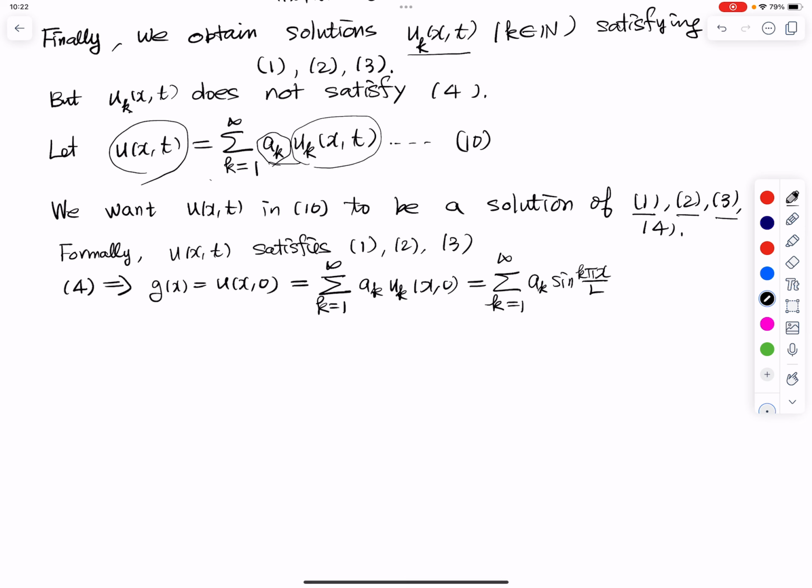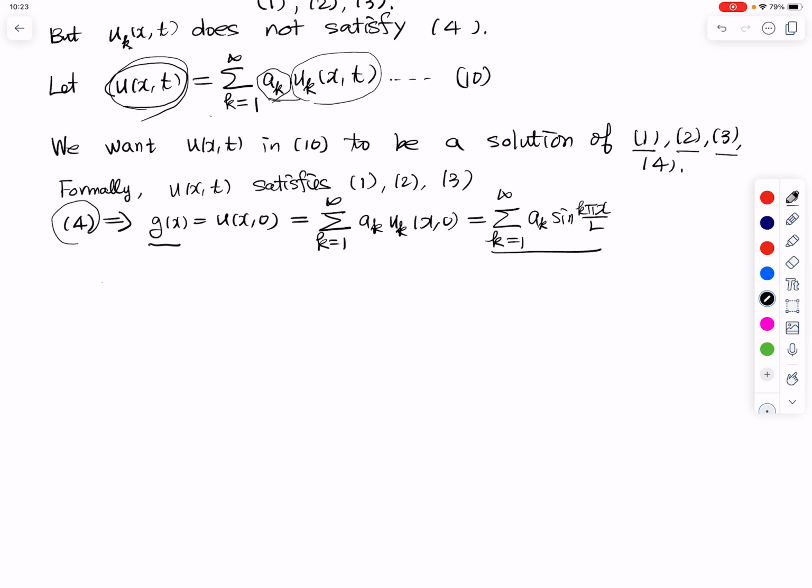So in order for u(x,t) to satisfy equation 4, this should be equal. Okay, so this one is equal. So let me rewrite g(x) equals summation k from 1 to infinity a_k sine(k pi x divided by L).